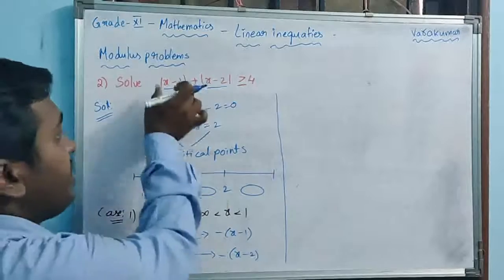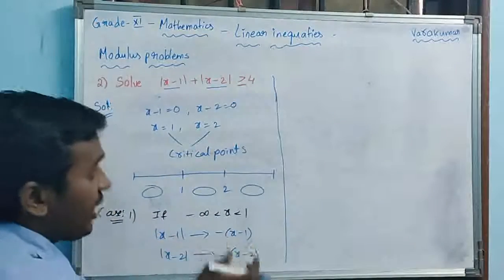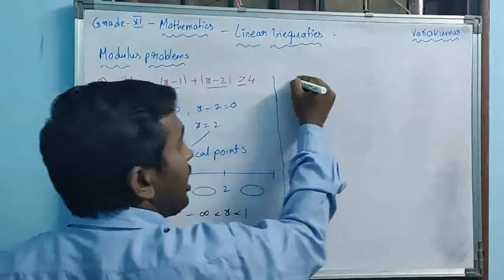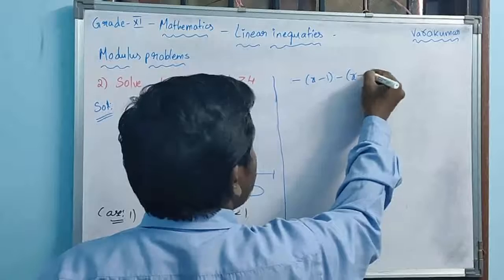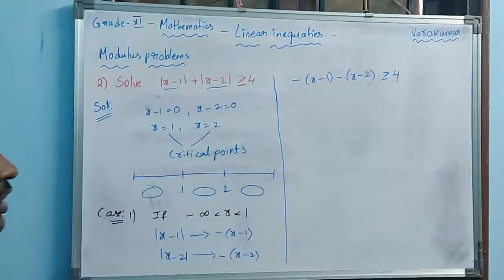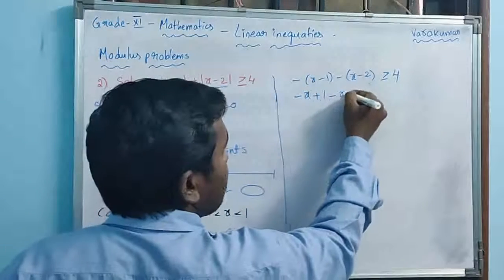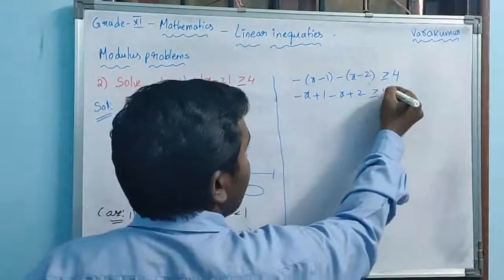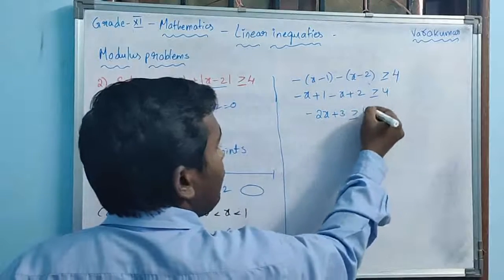So now applying each one, we get -(x - 1) - (x - 2) ≥ 4. Now simplify: -x + 1 - x + 2 ≥ 4, so -2x + 3 ≥ 4.